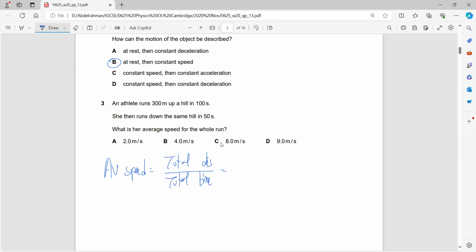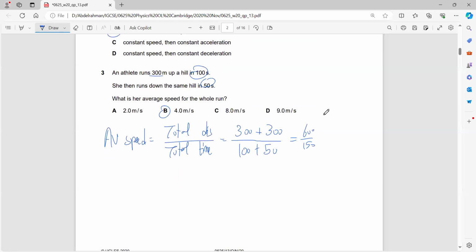She runs up the hill, which is 300 meters. Is this the total distance? No, it's not. The total distance would also include running down the hill, another 300 meters. So 300 meters up and 300 meters down. Total time is 150, 100 plus 50. So 600 divided by 150 is 4 meters per second.